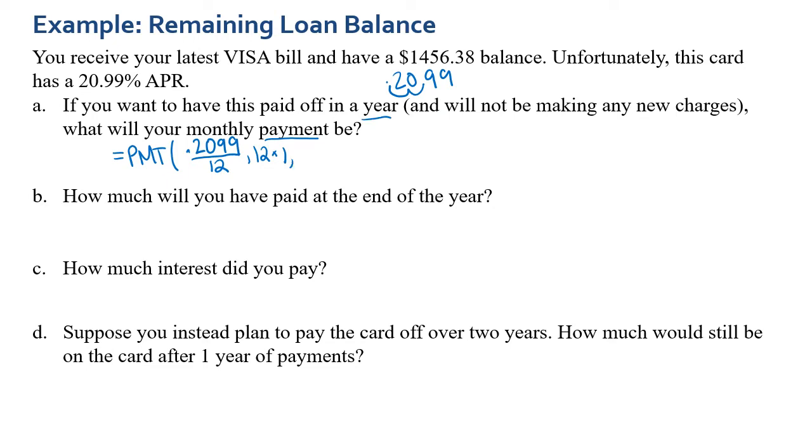The amount that is on there, so the PV is $1,456.38. And obviously I want it to be 0 after that 1 year. So if that's the case, you would want to make monthly payments of $135.60.